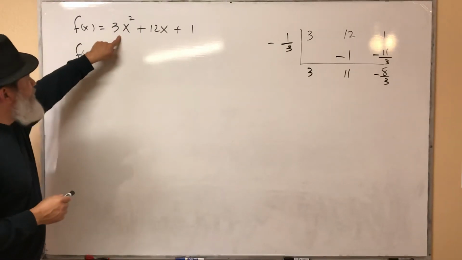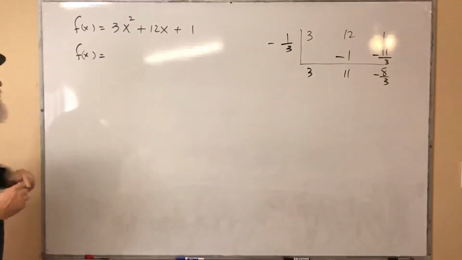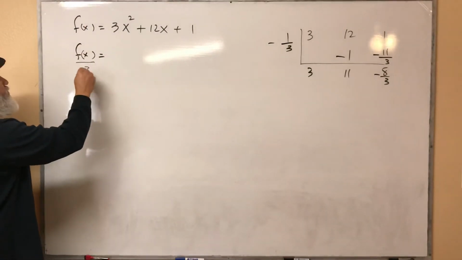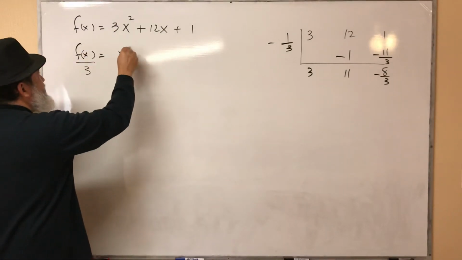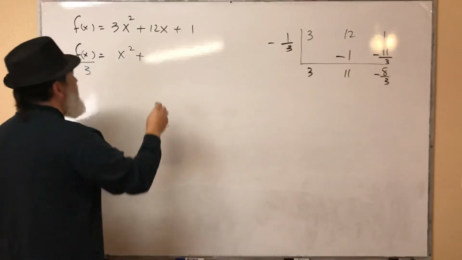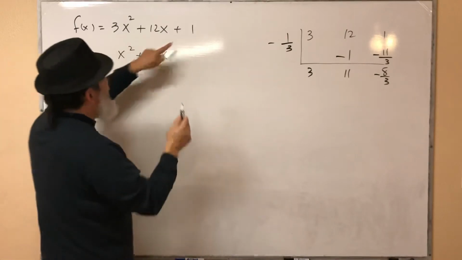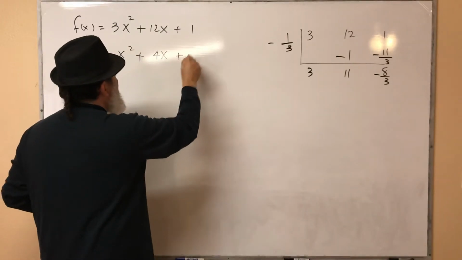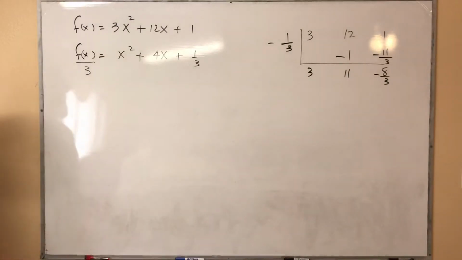Divide each term by 3. Okay, I divided everything by 3. I'm trying to complete the square.